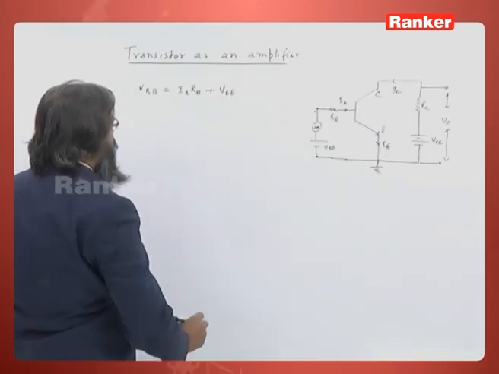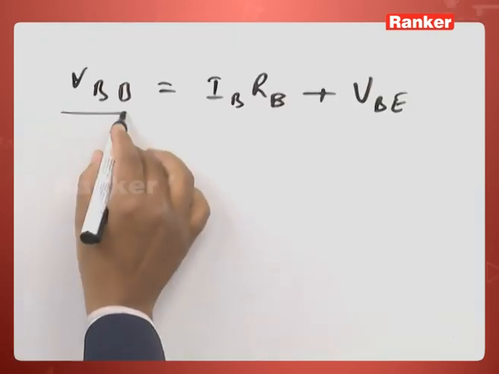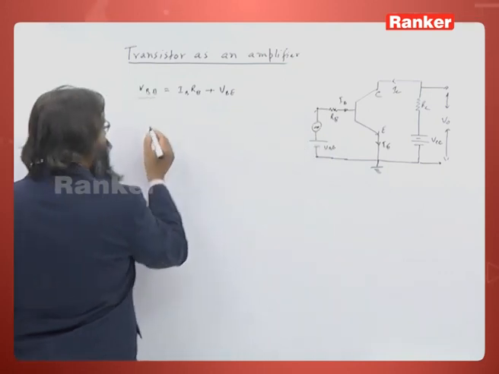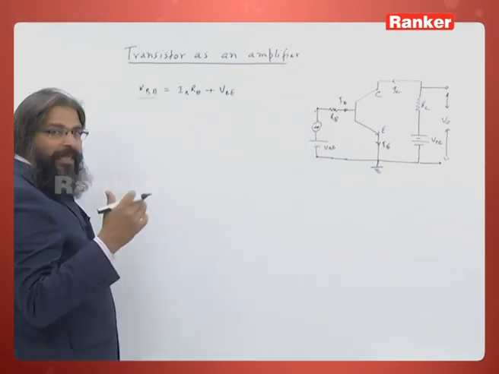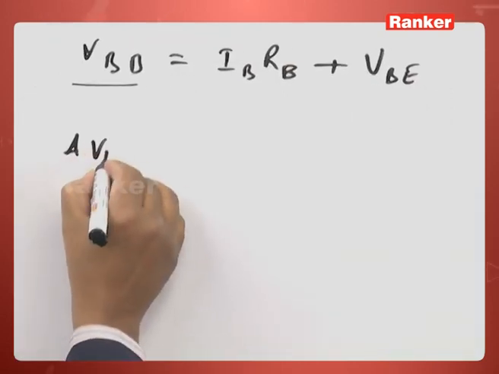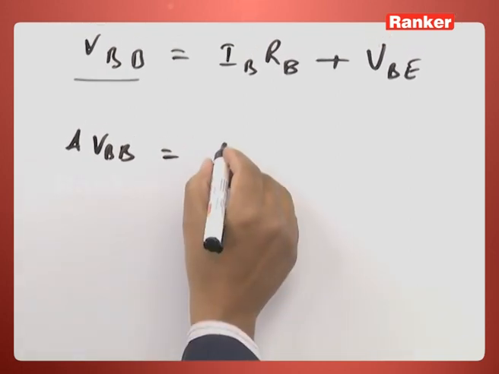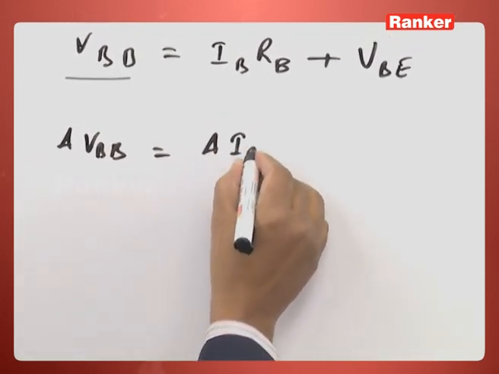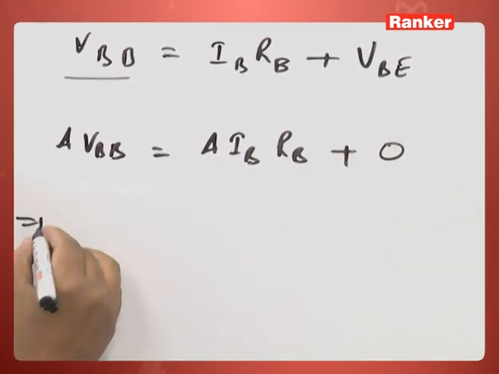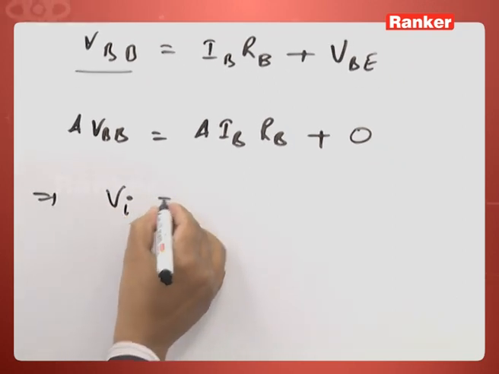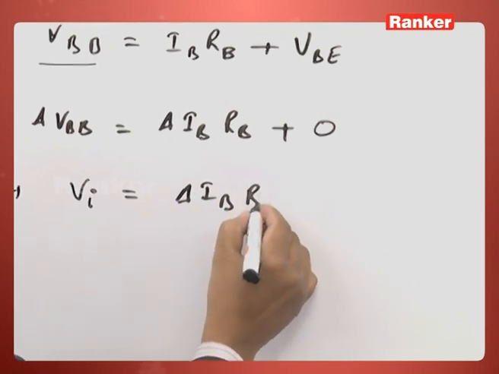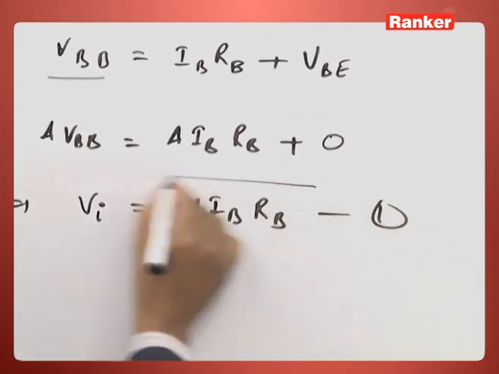Now, VBB is constant, but when we apply an alternating signal, we are changing this voltage. So, delta VBB is equal to delta IB times RB, plus 0. This is V input. Whatever input is given, that will be the change taking place, that is delta IB times RB. This is equation number 1.